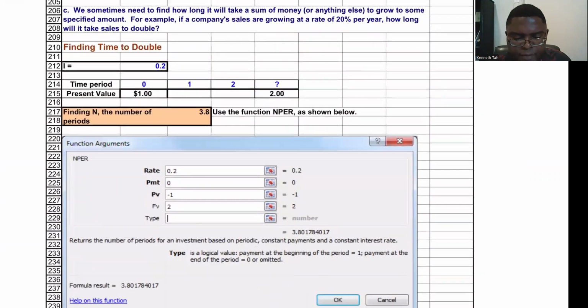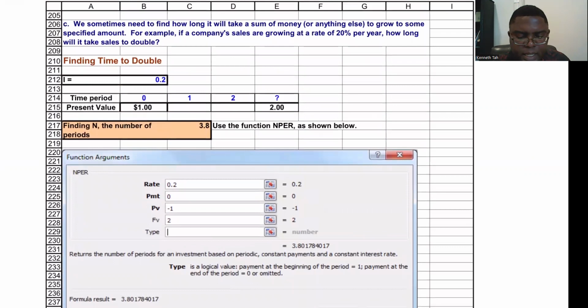All right, so we have seen how to calculate present value. We have also seen how to calculate future value. So we want to go to the third assignment, which is finding time. This comes straight away from the formula of present value and future value. Time is n.